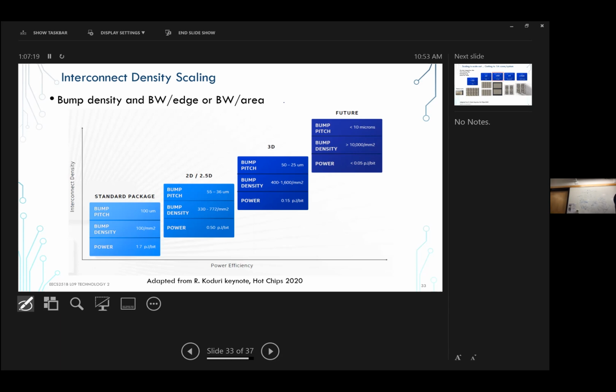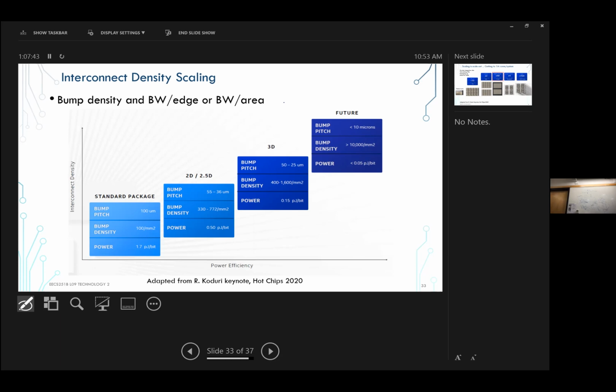So the idea here is to increase the number of pins that are exposed for talking across the chiplet boundary. At the same time, you need to limit the amount of power that you burn on transmitting state. So here is what you have in a standard package.